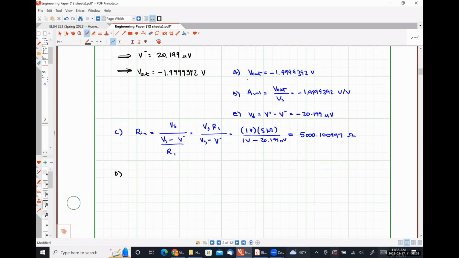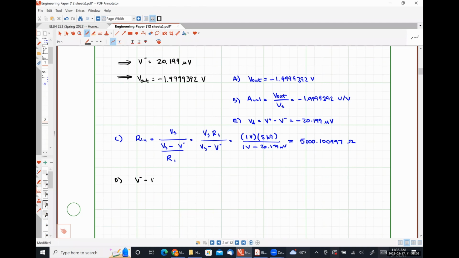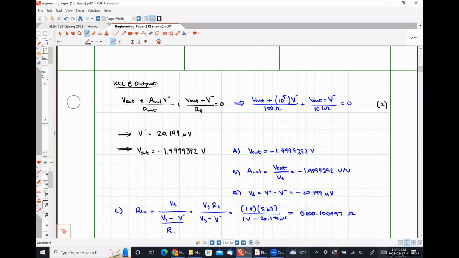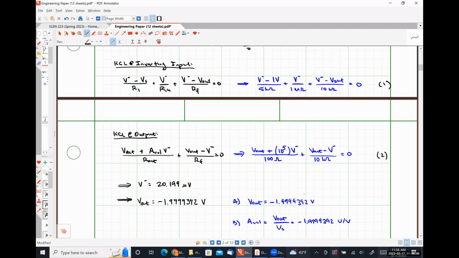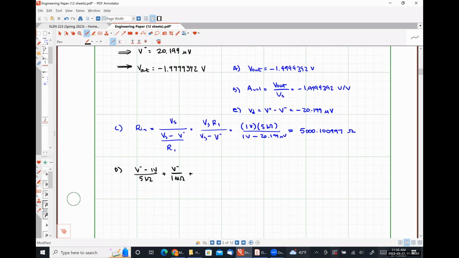So V minus minus 1 volt over 5 kiloohms plus V minus over 1 mega ohm plus V minus over 10 kiloohms is equal to 0. We can solve that and find that V minus is 0.66445 volts.